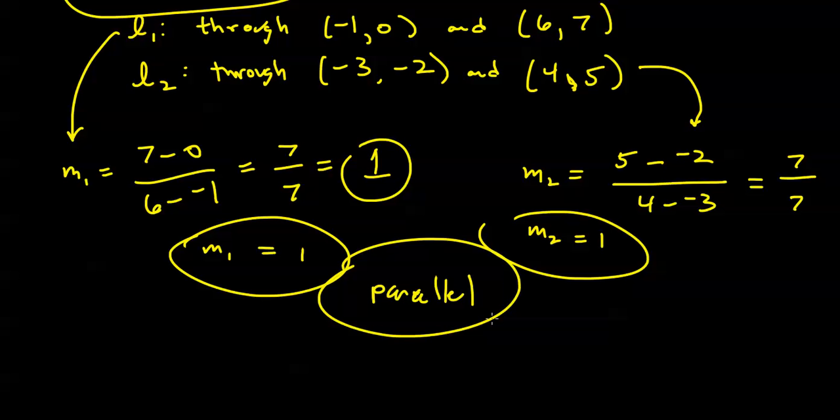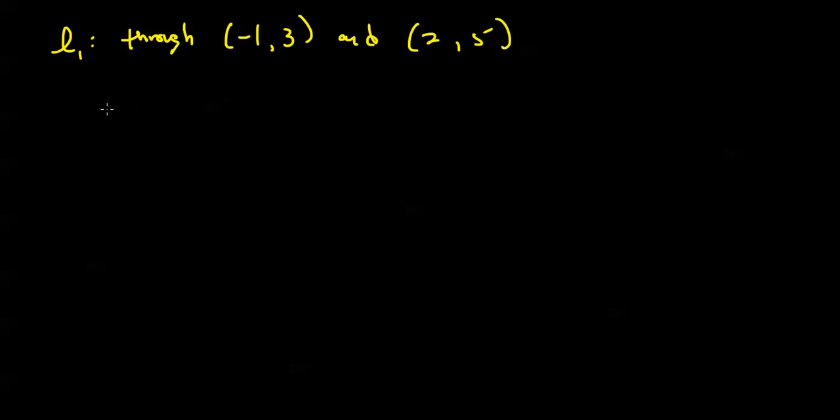Let's try another example of this type of question. Consider another two lines. Line 1, let's say it goes through -1, 3 and 2, 5.